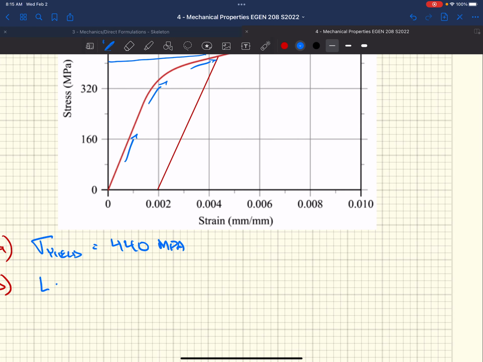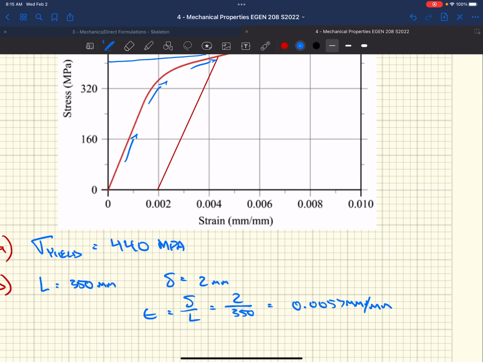Original length, 350 millimeters. Our change in length is 2 millimeters. We get a strain in our bar of delta over L. That's 2 over 350, 0.0057 millimeters per millimeter, or meters per meter, or inches per inch.